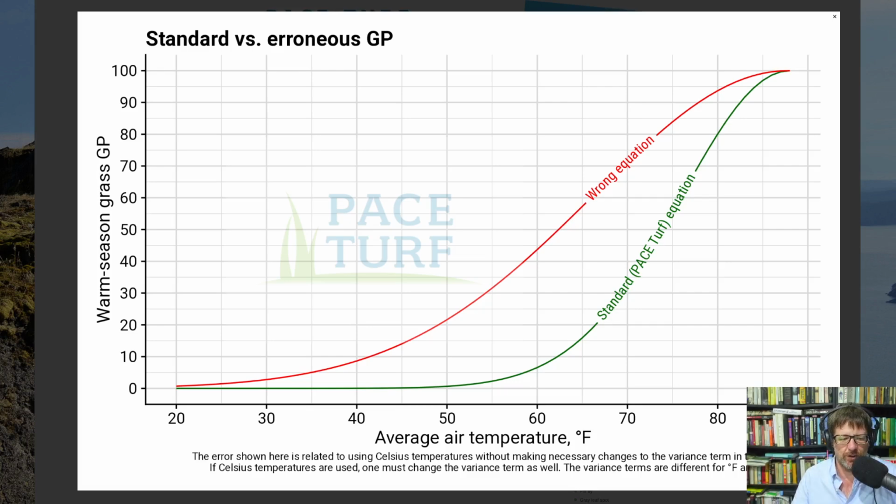The curves on the growth potential line, the temperature line, those values will be incorrect as you move away from the optimum temperature. The incorrect equation and the correct Pace Turf equation are going to give exactly the same number if you're at the optimum temperature. But then as you move away, those will no longer be correct.